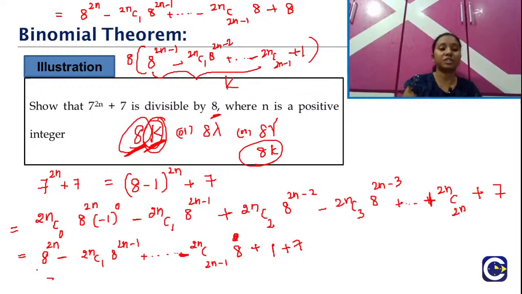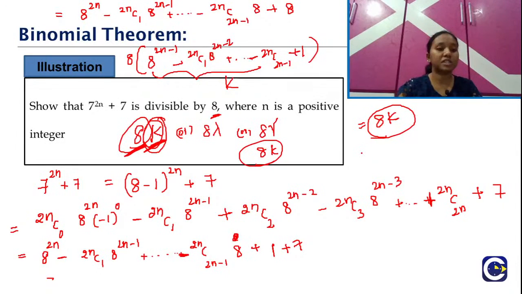So now we have represented this entire expansion as 8k, which means the given binomial term, 7 power 2n plus 7, is obviously divisible by 8, because it is coming in the format of 8k, not 8k plus 1, 8k plus 2, something like that. It is 8k, where k can be any positive integer, which we have seen in the expansion.